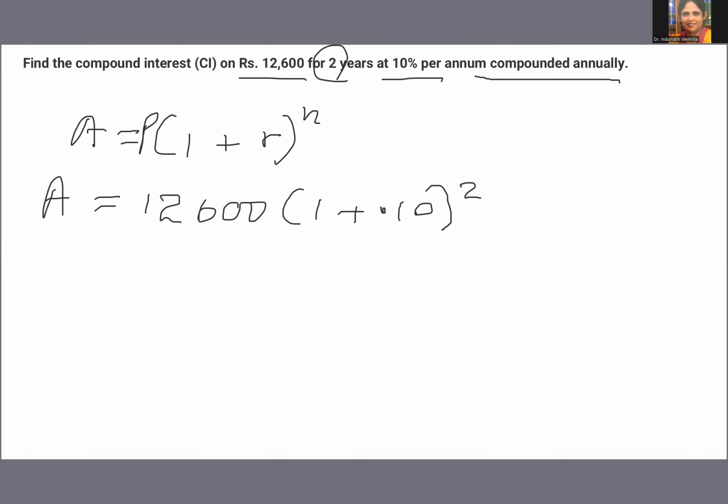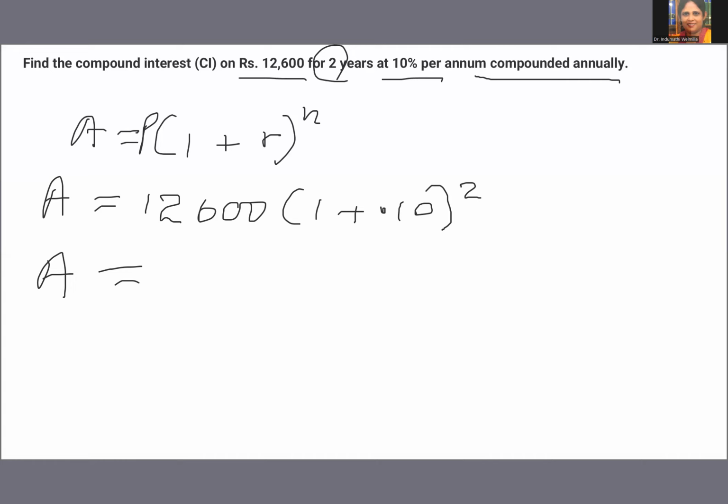Then you just need to simplify this and you can find out the total amount, that is A. After that there is no need for other steps, you can do it by using your calculator.